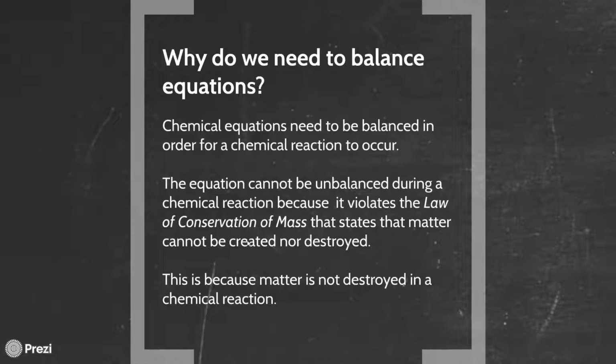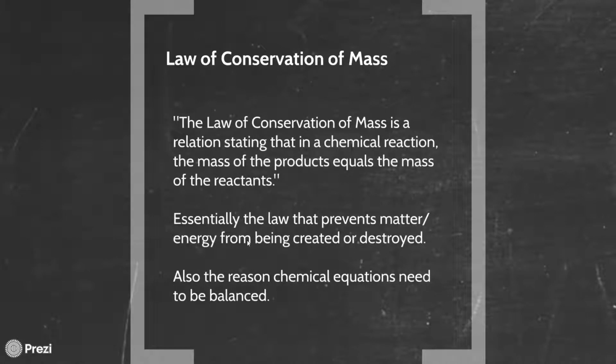Okay? So if we are not mindful of that and making sure to balance the universe, essentially, then we're going to have trouble doing our stoichiometry problems in general. The law of conservation of mass is essentially that law that states that matter and energy can't be created or destroyed.